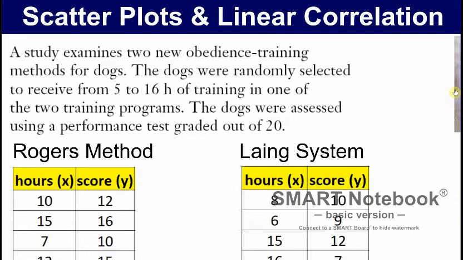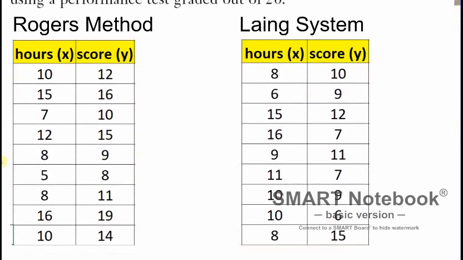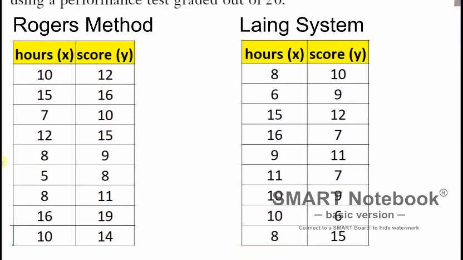But we have these two methods we're going to compare. The one is called Rogers method. The other is called Lang system. And so what has happened here is some data has been collected from some dogs that have taken either of these two training systems or methods. You can see there were 10 dogs that had some data recorded for Rogers method.